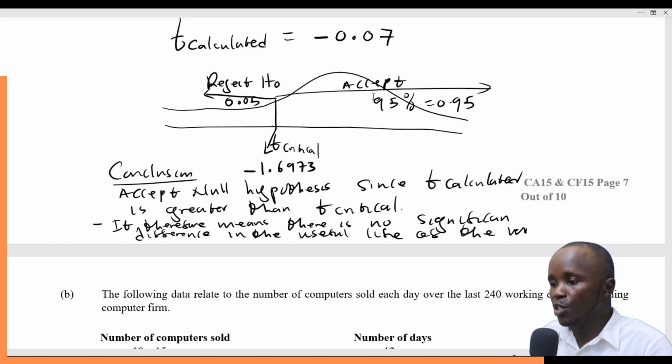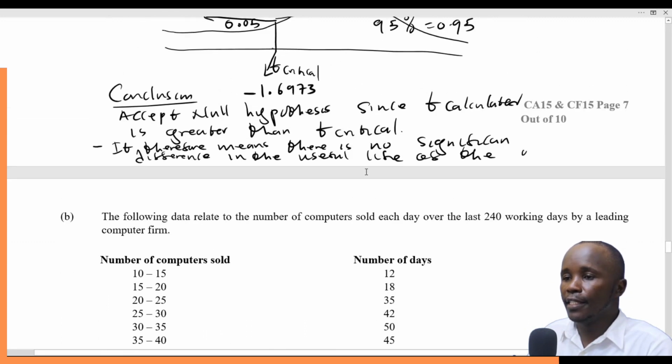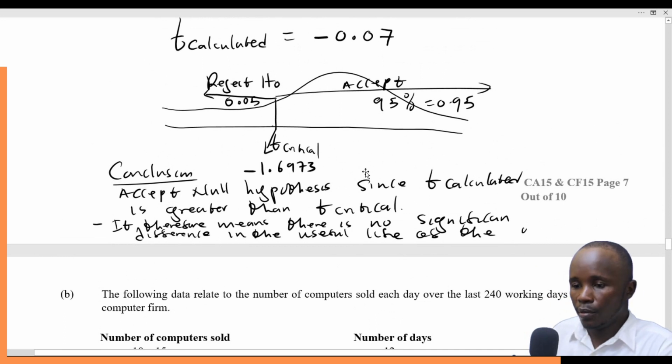So in this question, the key area that a student needed to know is how to find the T calculated, because the T critical is read from your tables.